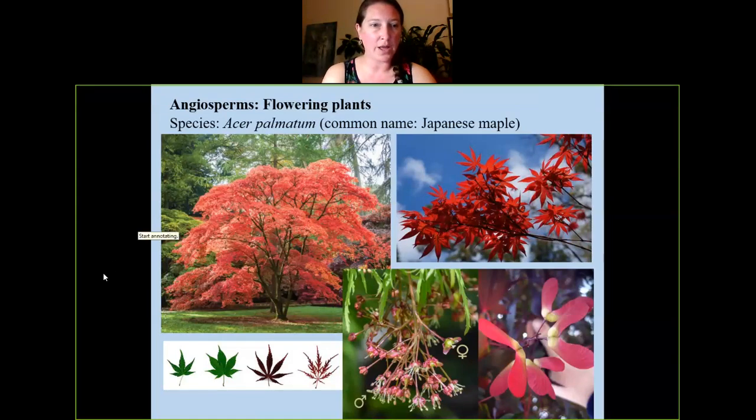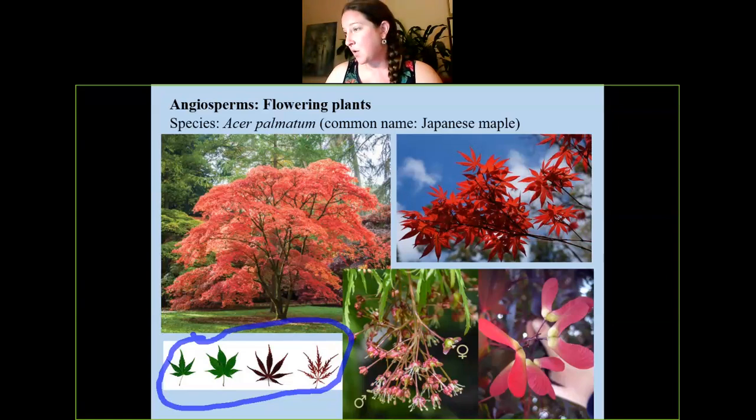On the bottom left here, these are different examples of leaves from different varieties of Japanese maple, or Acer palmatum. The reason that it's called Acer palmatum is that the leaf looks like a palm. If you look at my hand, this is like a palm shape, right?